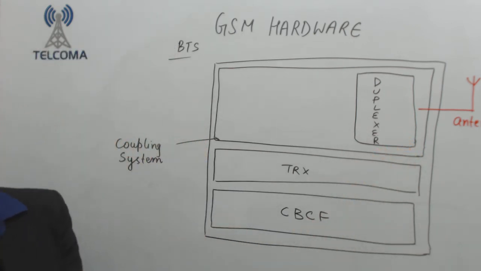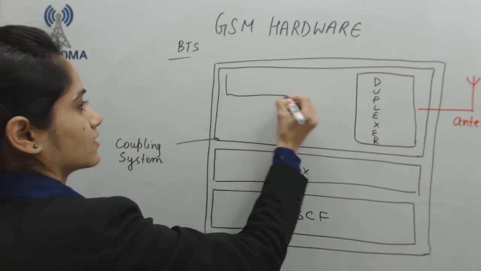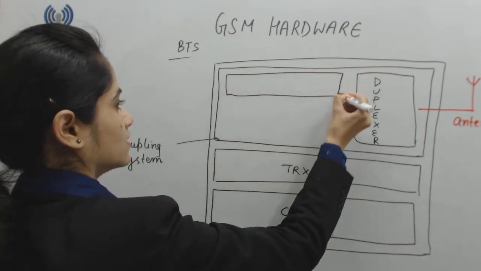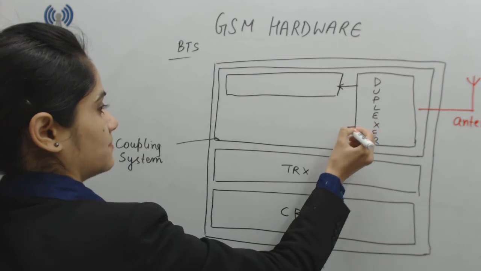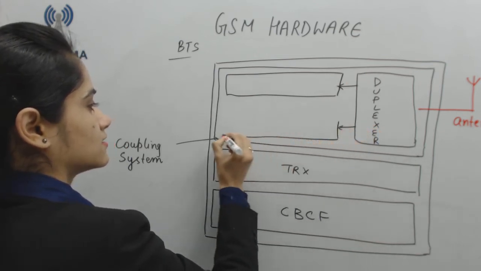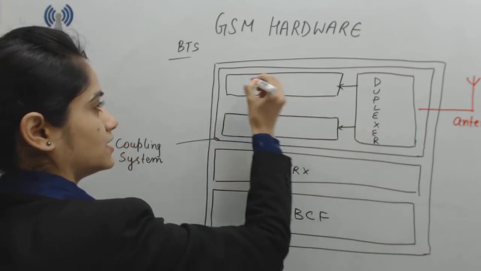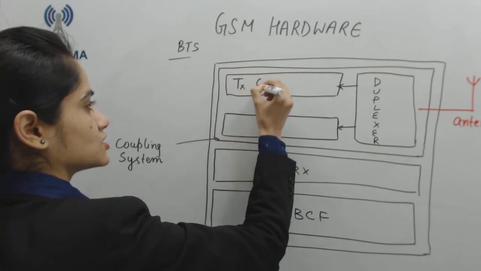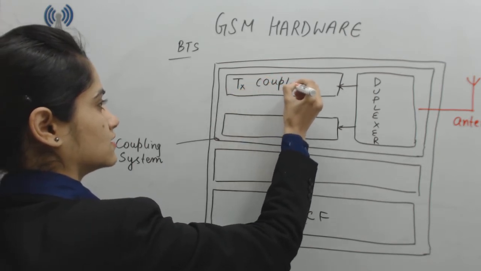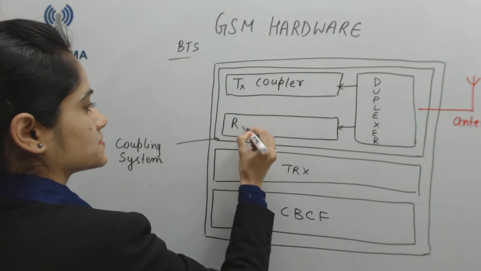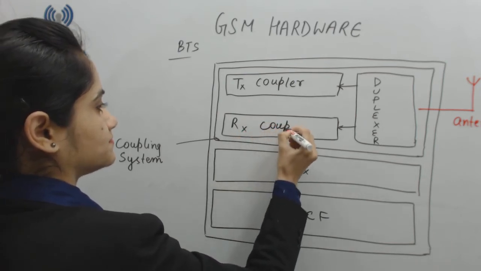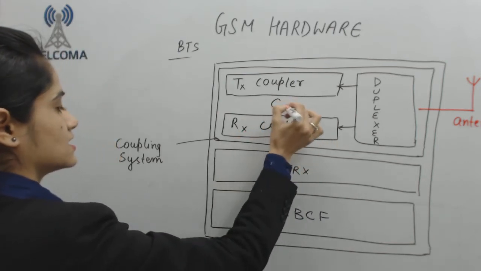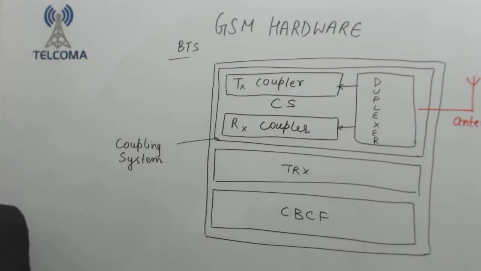This duplexer separates out both paths into two units. This one is my transmission coupler, and this one is a reception coupler, and together they form the coupling system.